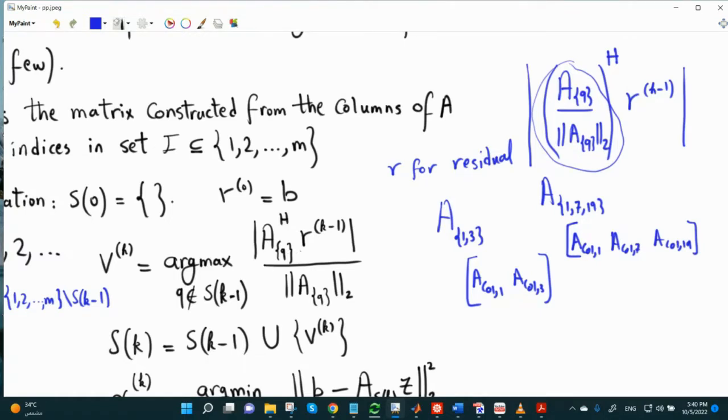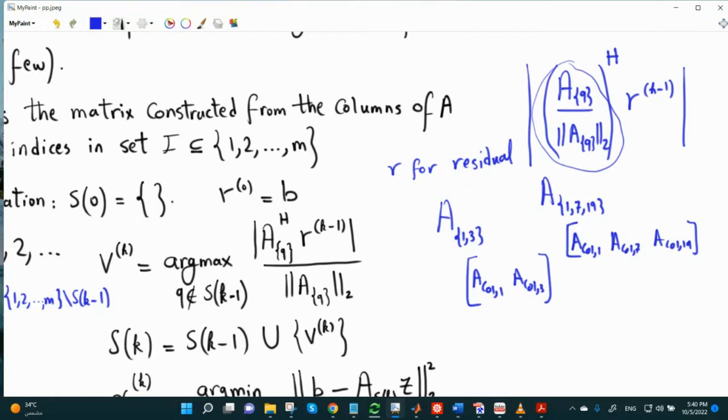Again, we will sweep through the columns of A, excluding the columns with indices that are contained in this set S of k minus 1.